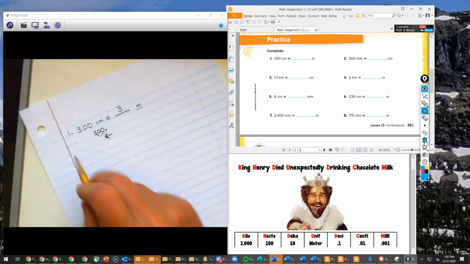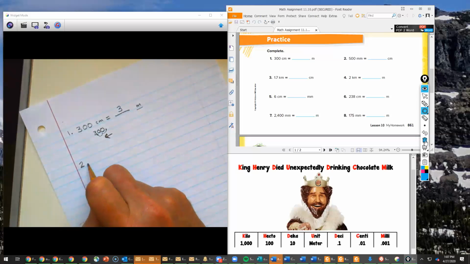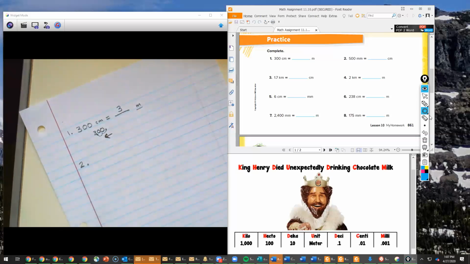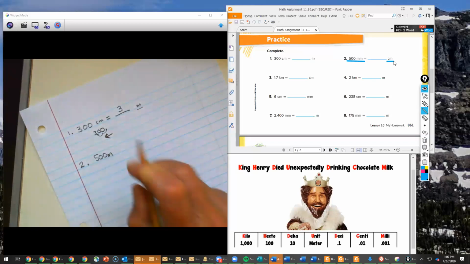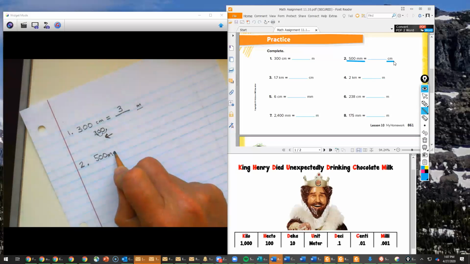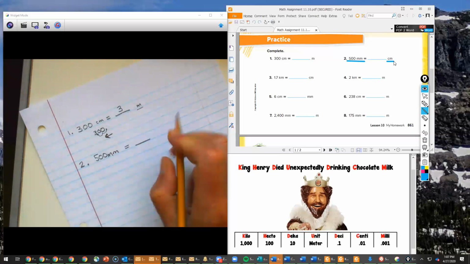Let's go on down to number 2. On this one, I'm going to be converting 500 millimeters to blank centimeters. So I'll be writing that down: 500 millimeters equals blank centimeters.